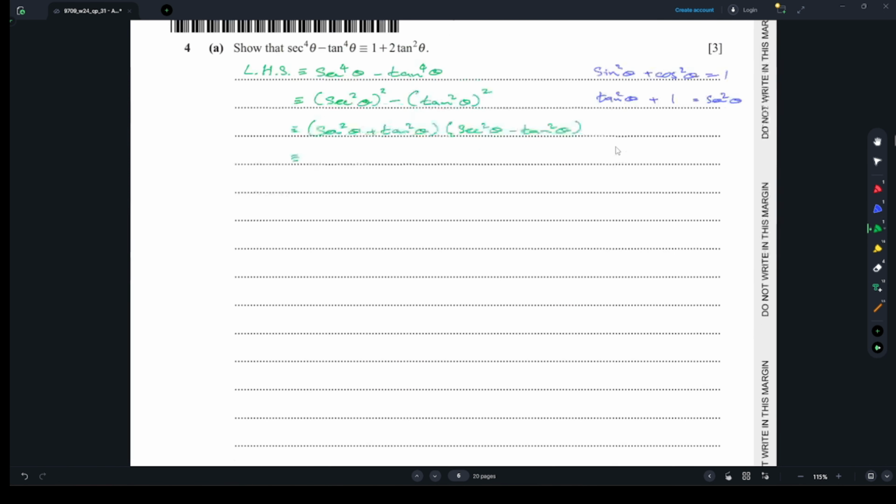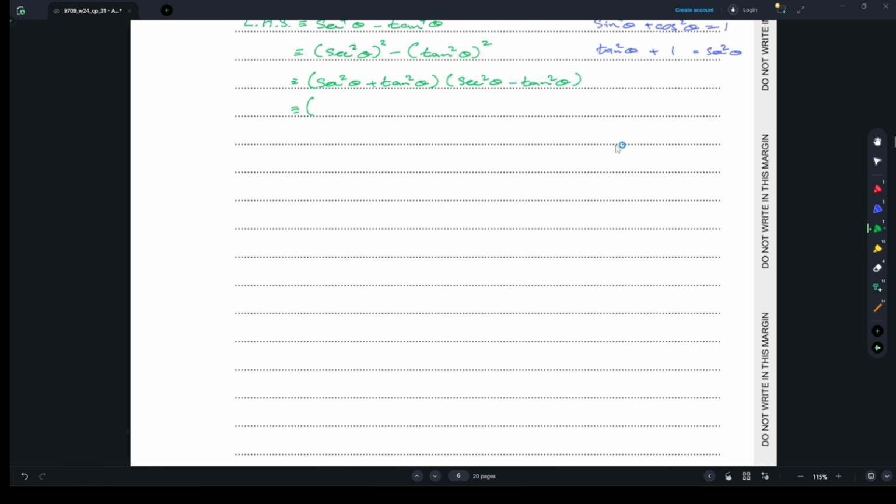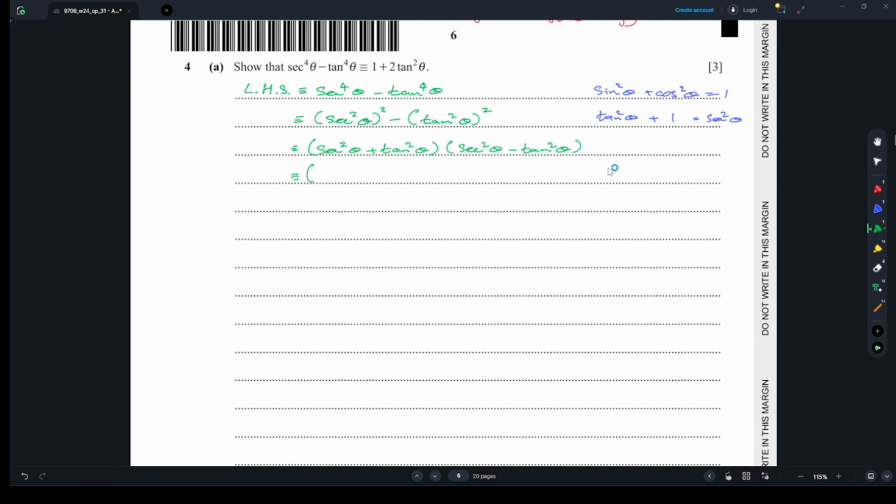So then we have a relationship that you can use. Instead of sec square theta, here I can write tan square theta plus 1. So tan square theta plus 1 plus tan square theta, and here also tan square theta plus 1 minus tan square theta.